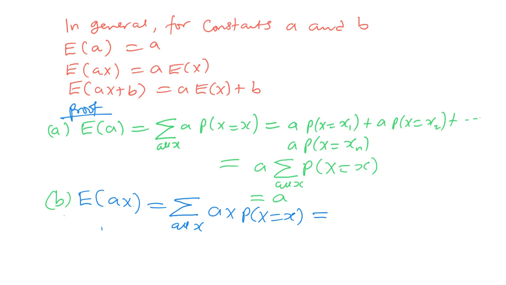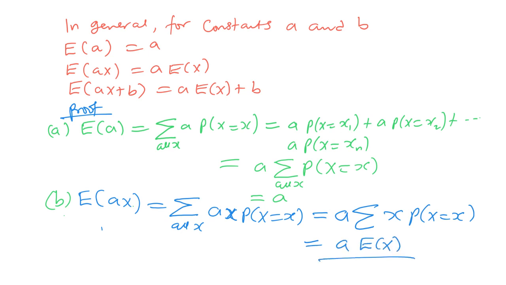A will multiply the different x values, but A is not going to change. So we can say that this is A times the summation of x times the probability of capital X equal to lowercase x. Now, x times probability, then summation, is equal to the expectation. So this is A times the expectation of X, and we are done.